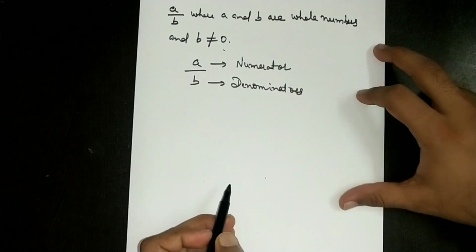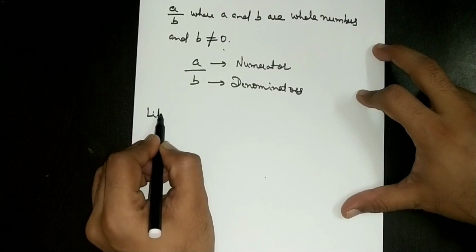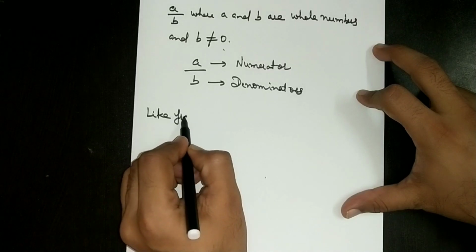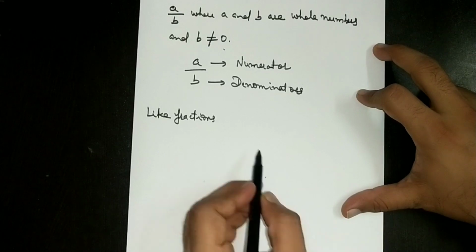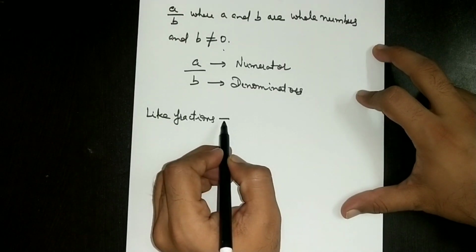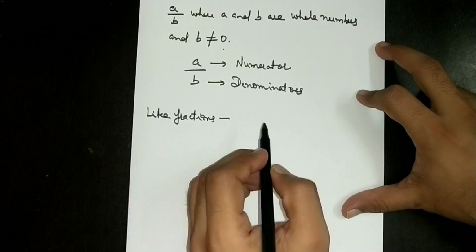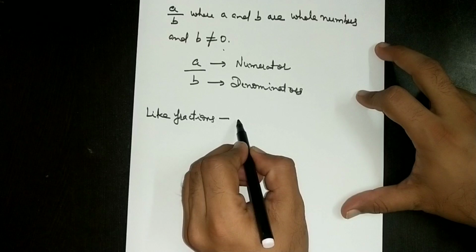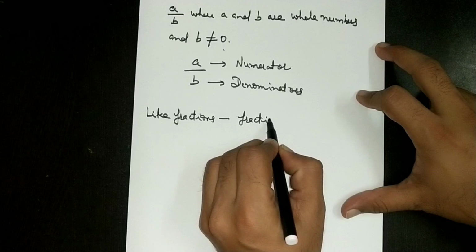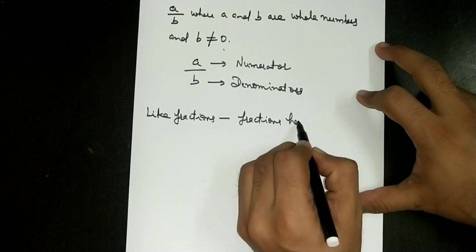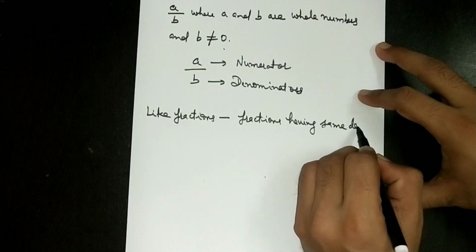Now, in types of fractions, we have like fractions. Like fractions means fractions having the same denominator.